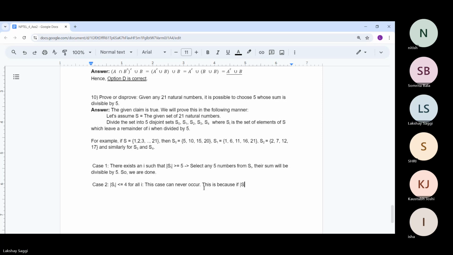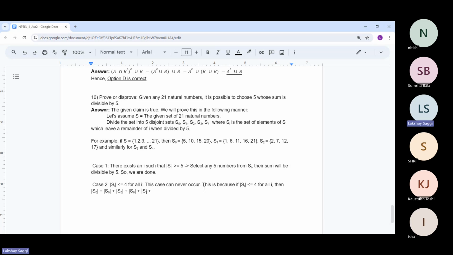If the size of Si is at most 4 for all i, this is a bit involving question, guys, but I think this is an interesting question. Then the cardinality of S0 plus cardinality of S1, maybe I should just copy and paste.